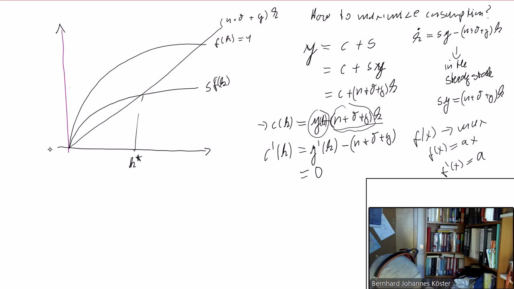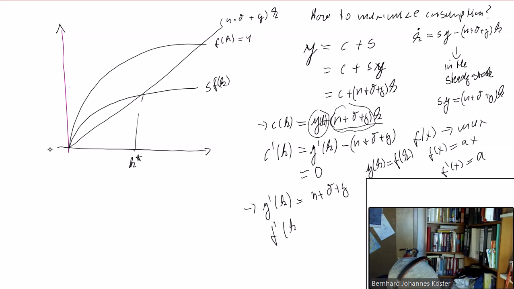Great. So we obtain then y prime, and y is of course the same as our production function f. So we obtain y prime of k equals n plus delta plus g.